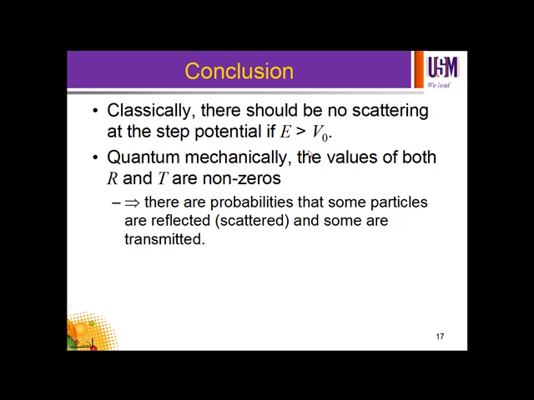So there are probabilities that some particles are reflected or scattered and some are transmitted. These are the differences between classical mechanics and quantum mechanics. Quantum mechanics predicts that even if E is greater than V naught, there is some probability that some of the particles will be reflected back.